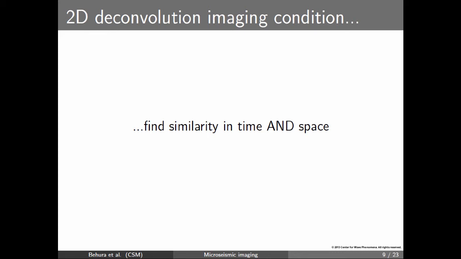And that's where we modify those imaging conditions for deconvolution as well as cross-correlation, and introduce these imaging conditions that exploit the similarity of the data and the Green's function in time as well as space. Farhad later will also talk about a similar idea.